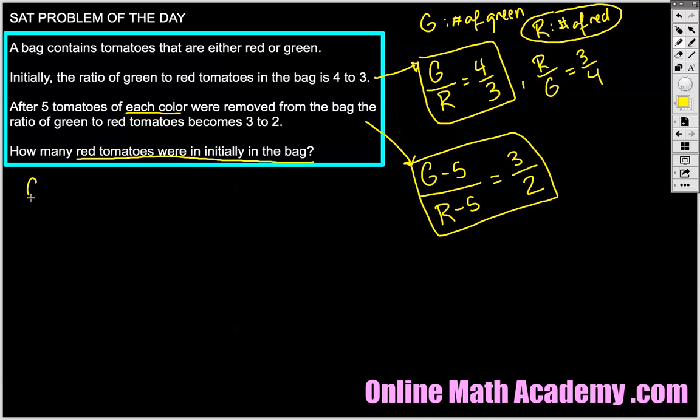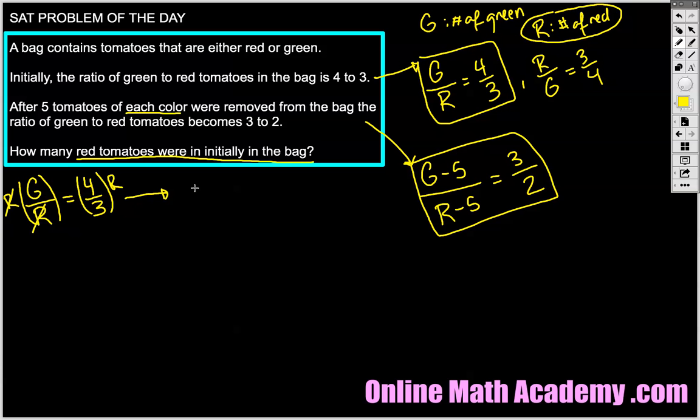So I have this one. To solve this for G, all I'm going to do is multiply by R on both sides. When I do that, the R's over here cancel, right, because R over R is 1.